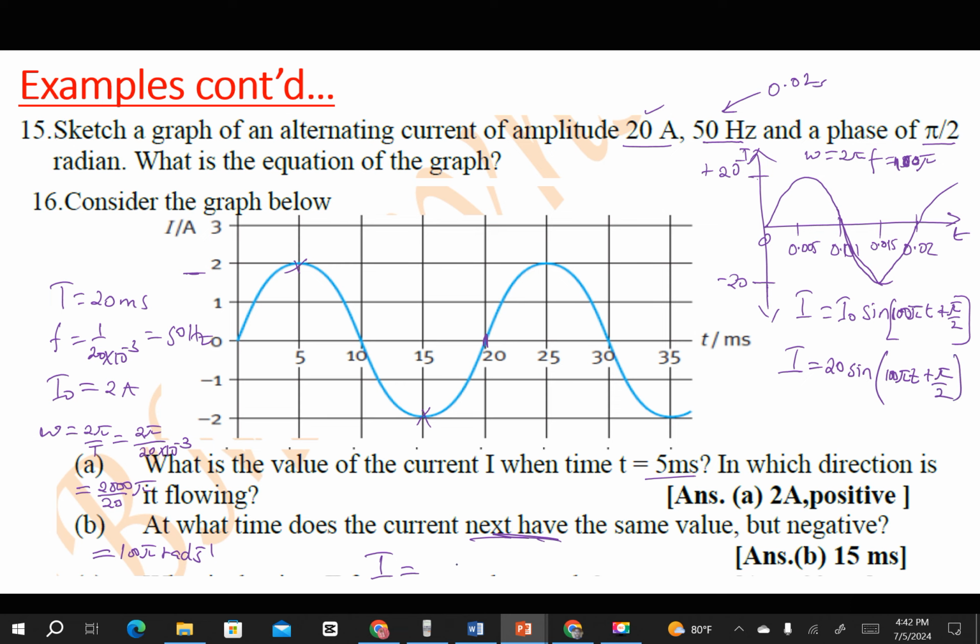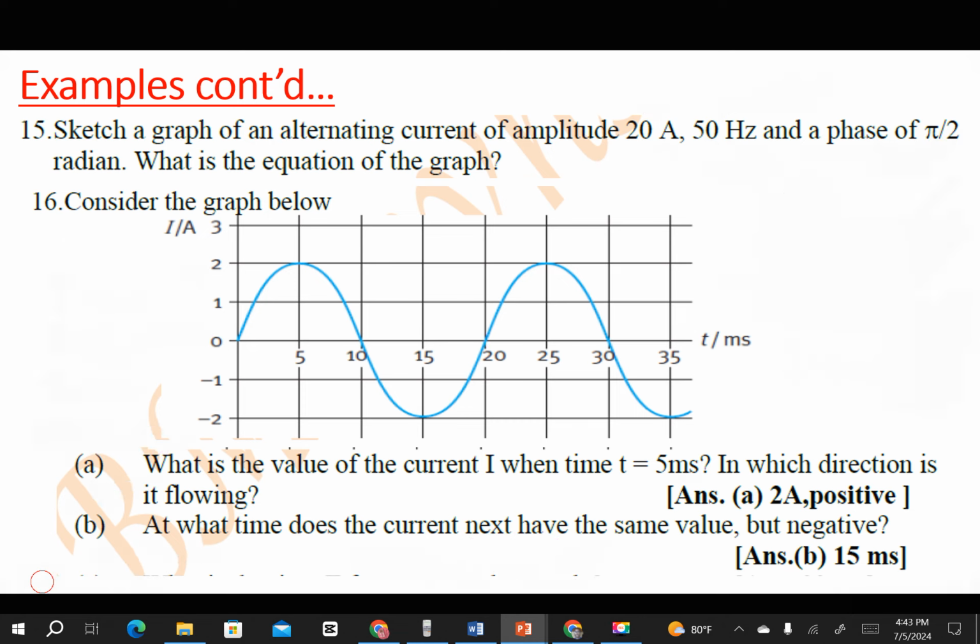Here, where there is I naught, I put 2, and where there is omega, I put 100 pi, times t. So this will be the equation required, if they ask for the equation.